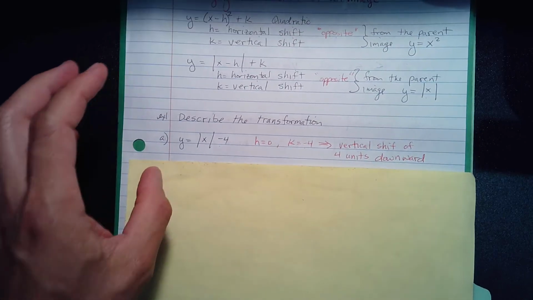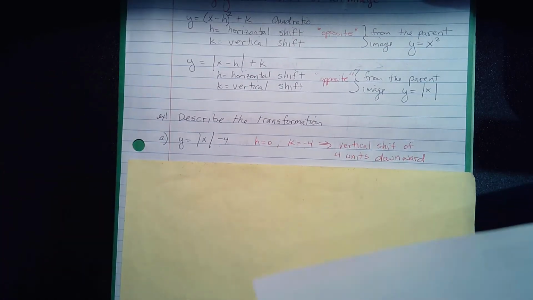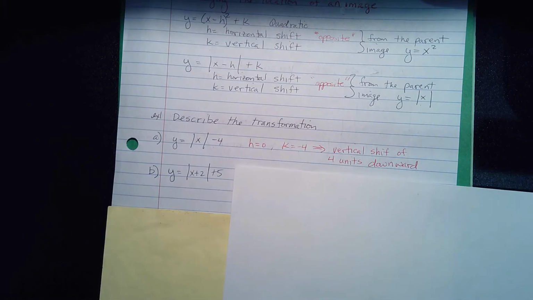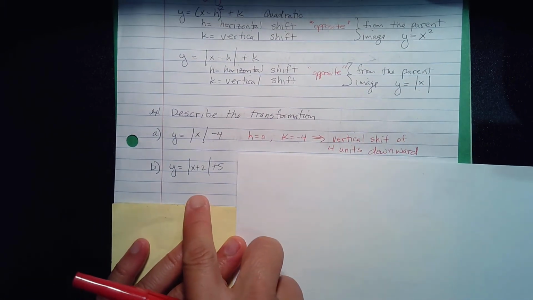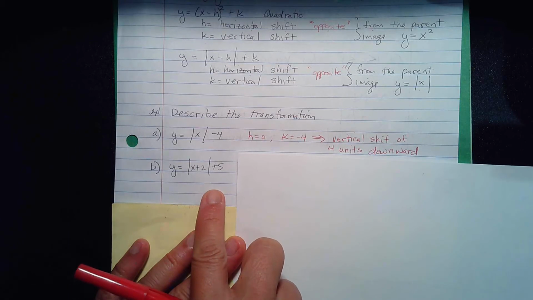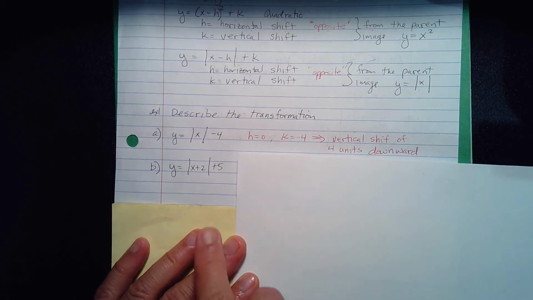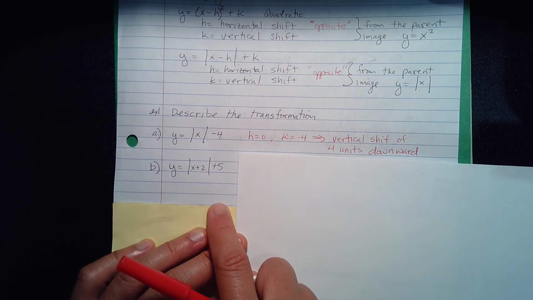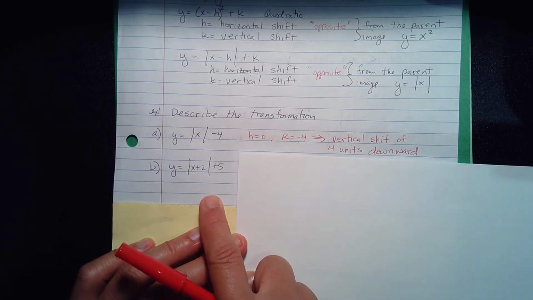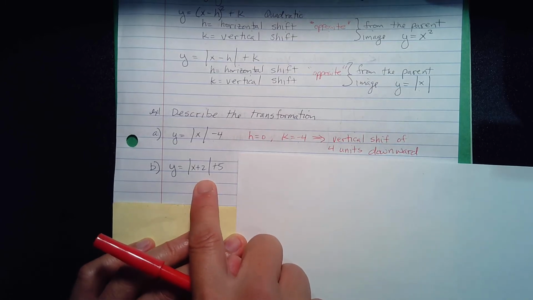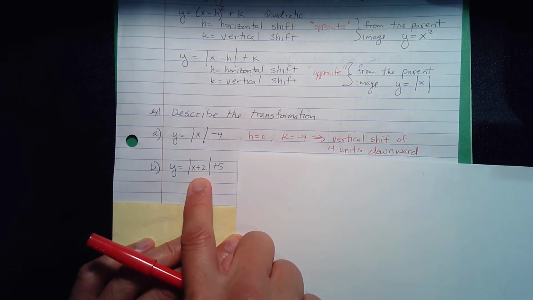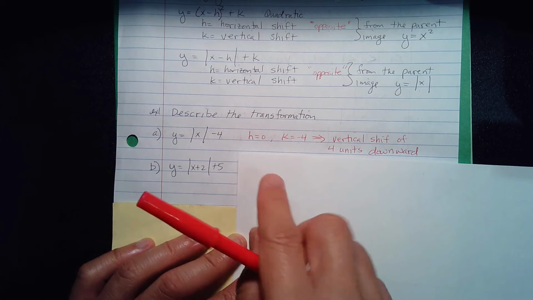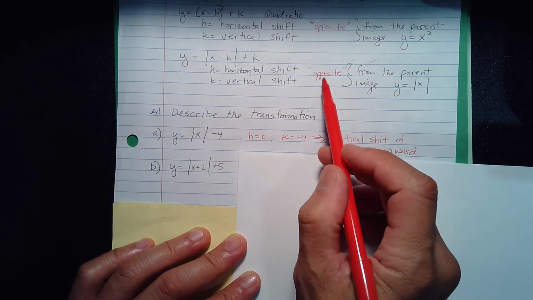All right. Next problem. We have y equals the absolute value of x plus 2 plus 5. So in this case, we have now a horizontal shift and a vertical shift. So we have an h. So this h is positive 2, but when you take it out, I said earlier, think opposite.